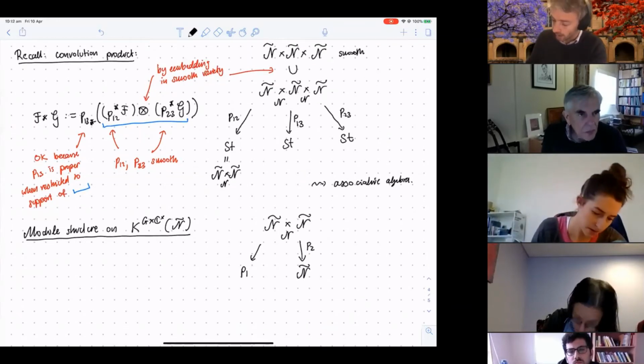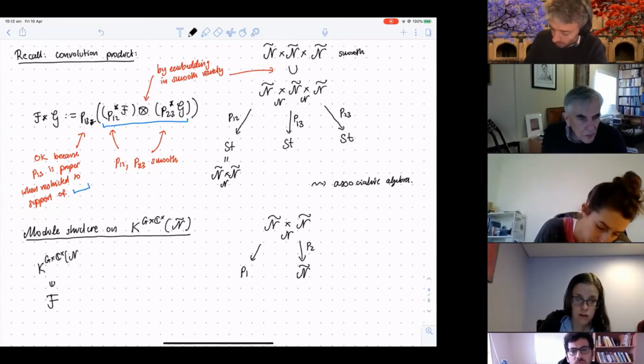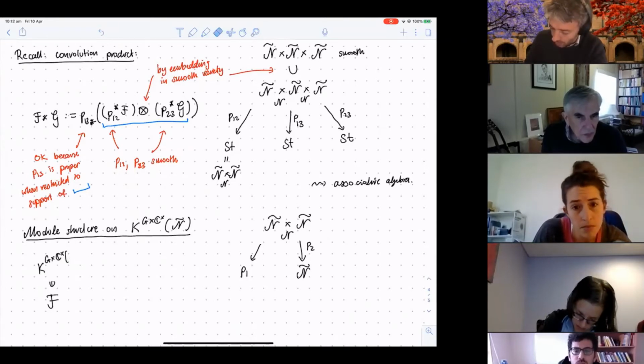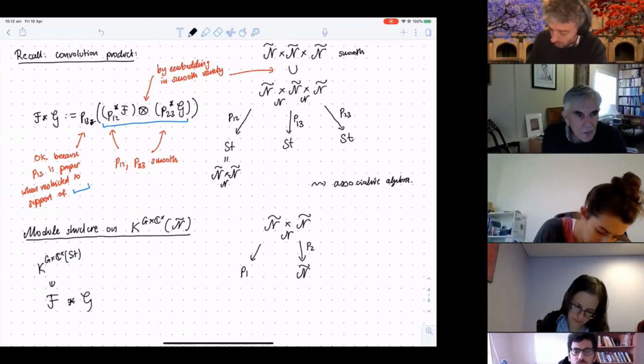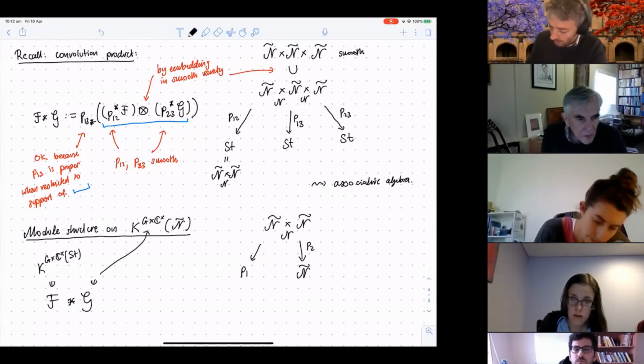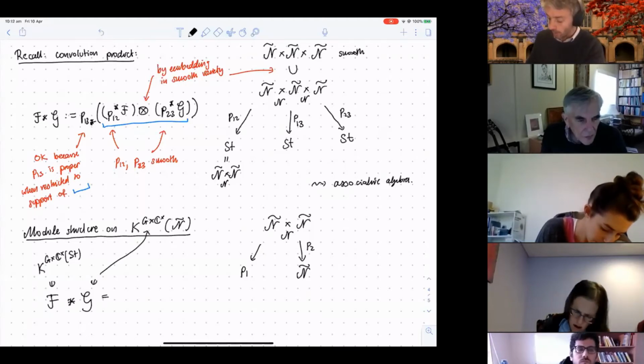And then we define F. So this is in the G times C star equivariant K theory of the Steinberg. What do we do now?